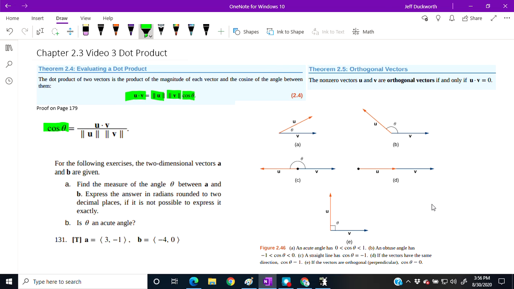All right, so in radians, as long as you're less than pi by 2, you're going to have an acute angle. So theta less than pi by 2 will give you something in the first quadrant, and thus acute.